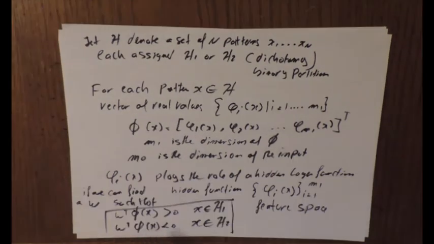So this w is in fact a hyperplane that cuts the feature space into two dichotomies, which is H1 and H2. And this hyperplane is as follows.